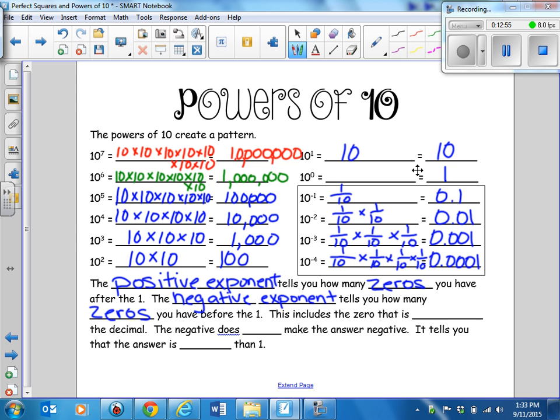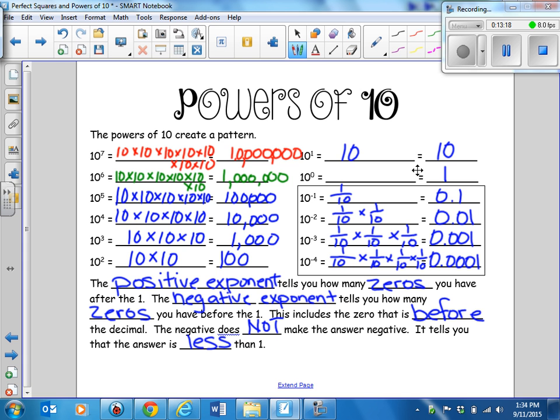This includes the 0 that is before the decimal. The negative does not make the answer negative. Notice all of our decimal numbers are positive. All that the negative does is tell us that the answer is less than 1.